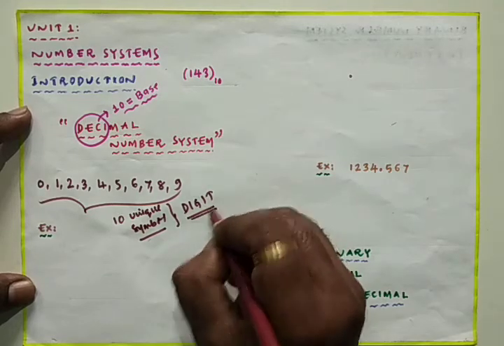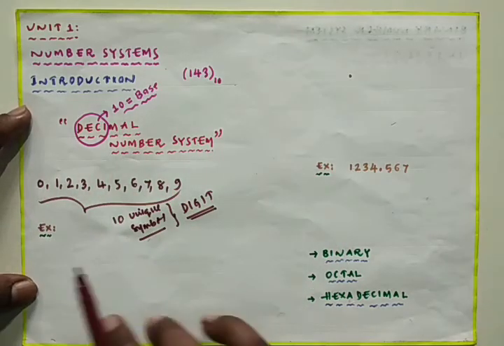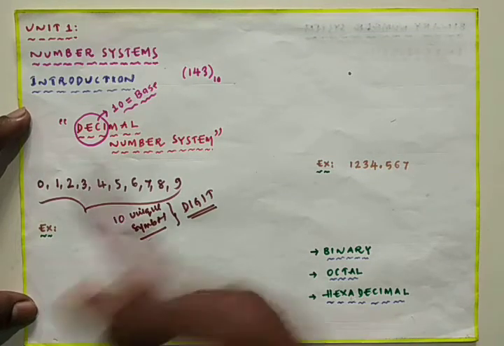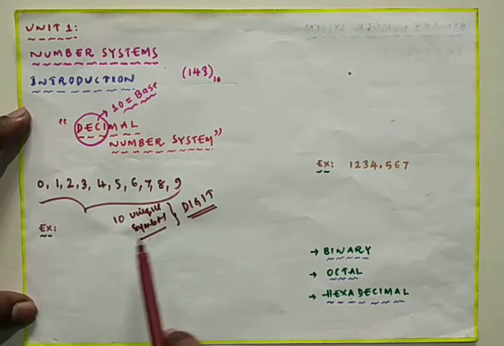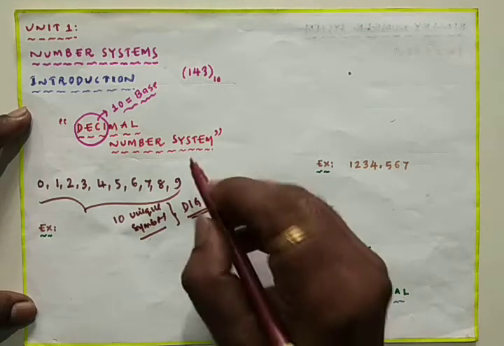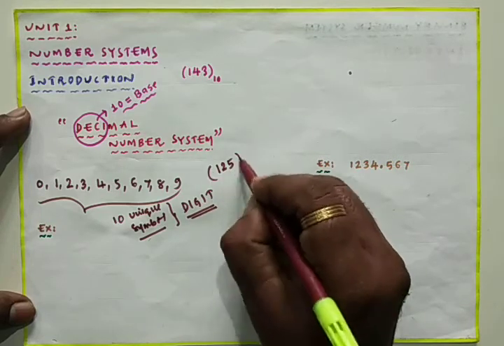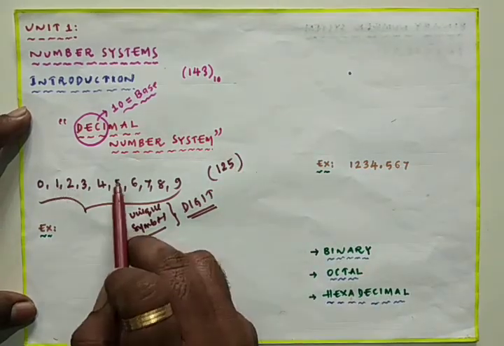That means the number system we have been using, the decimal number system, has 10 different unique symbols, and each symbol is called a digit. If you take any number in the decimal number system, for example 125, it is a combination of 1, 2 and 5.